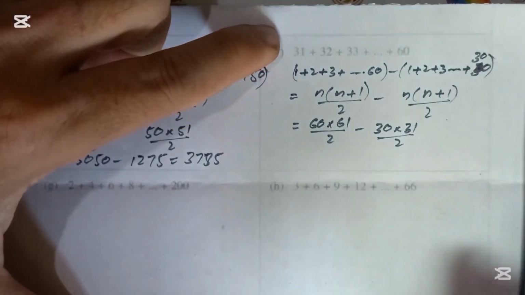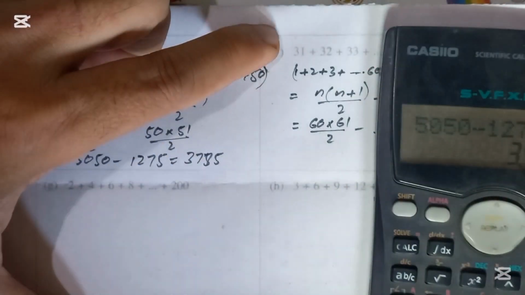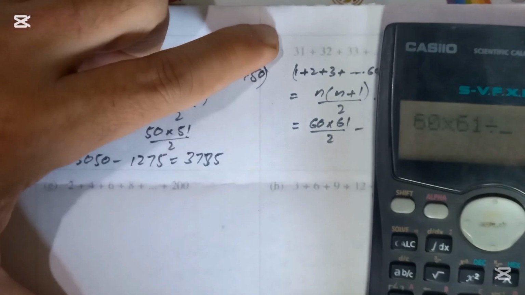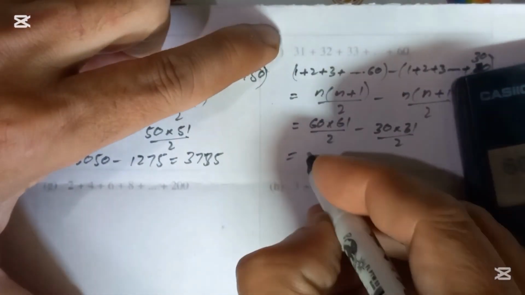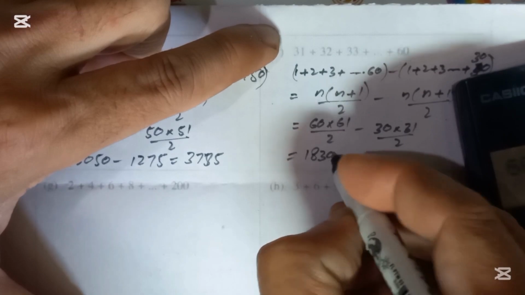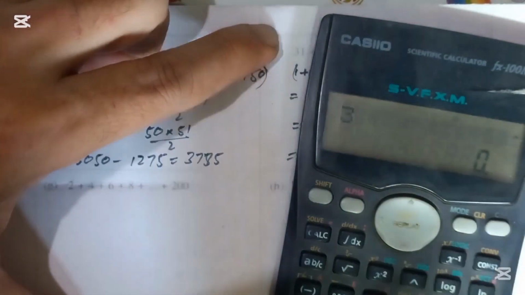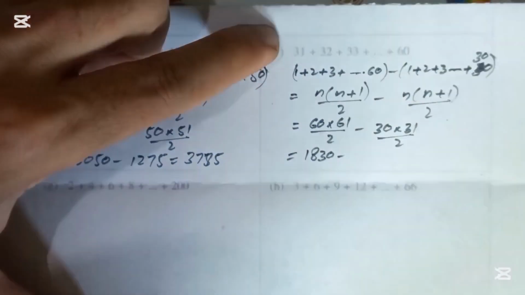And now we will solve it here. 60 into 61 divided by 2 will be equal to 1830, minus 30 into 31 divided by 2, which will be equal to 465.